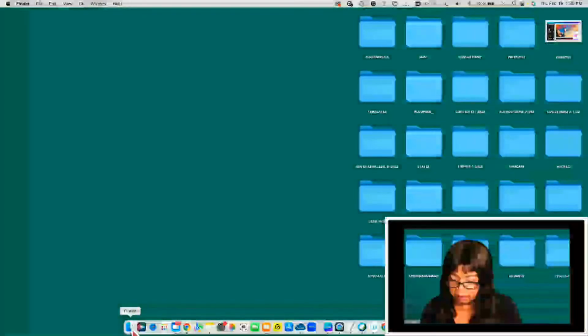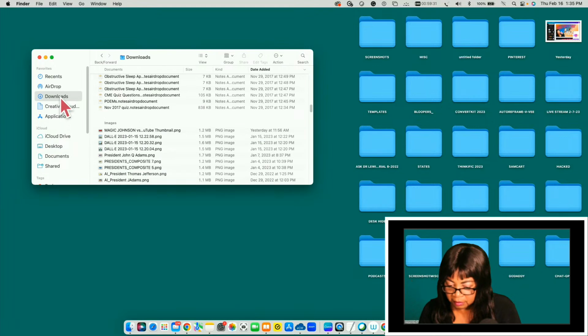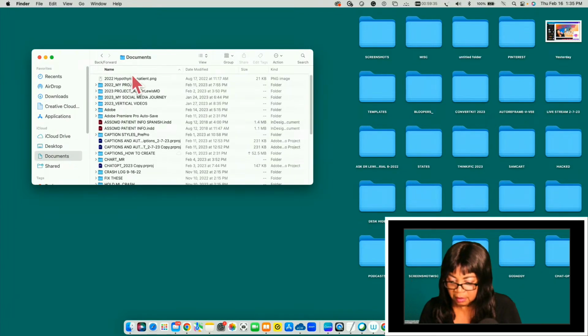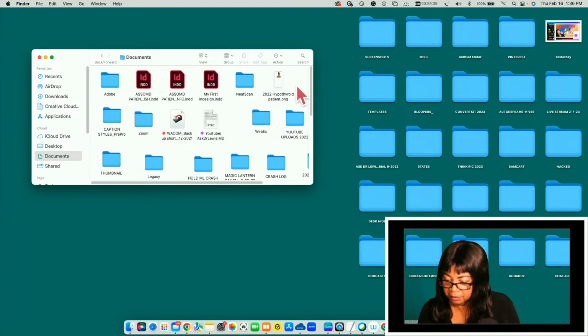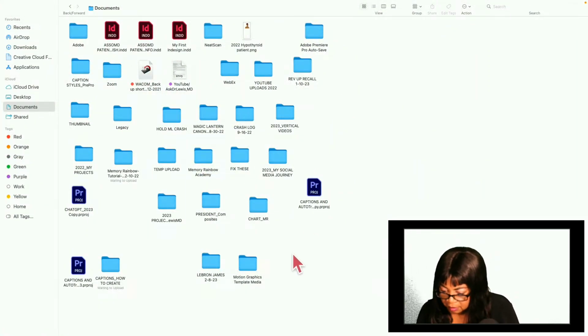I'm going to go into the Finder. Let's see if there's anything there in the downloads. Nope. In Documents, let's take a look. Icon view. Let's increase this. And let me see if I see anything here.